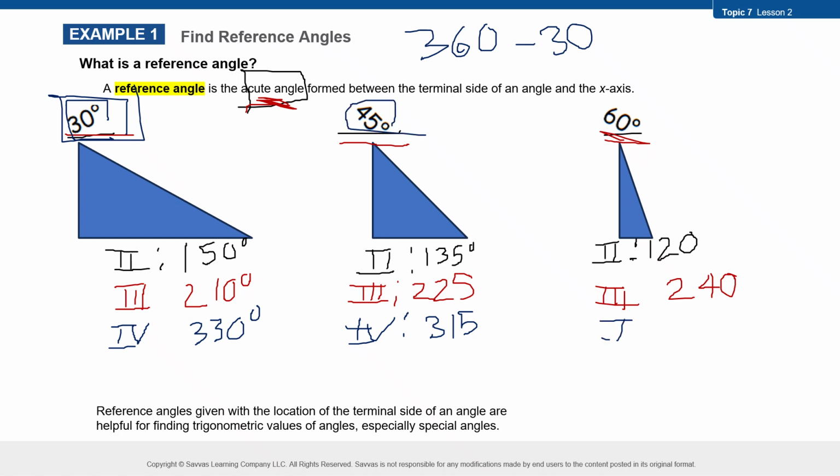And then for 60 degrees in quadrant 4, I want to say 300. Because again, 360 minus 300 gives me my reference angle of 60 degrees. And that's how you do that.